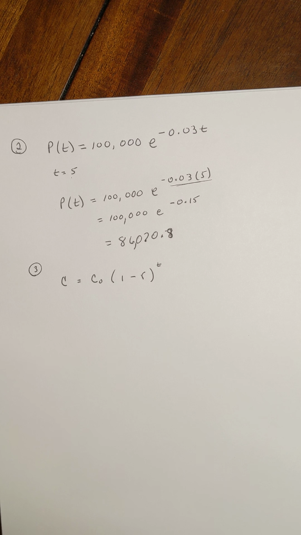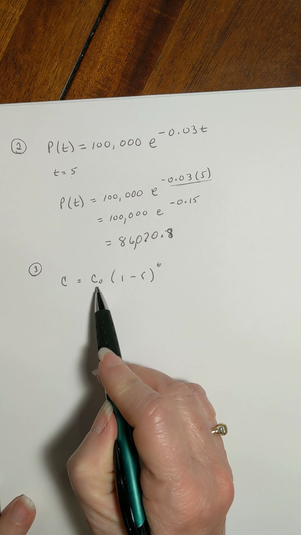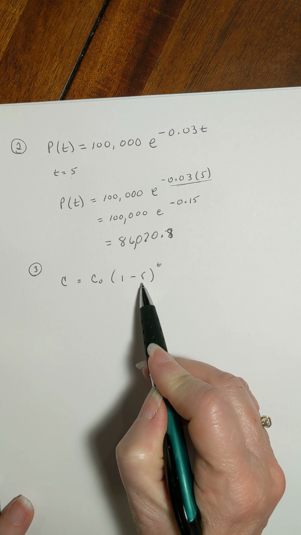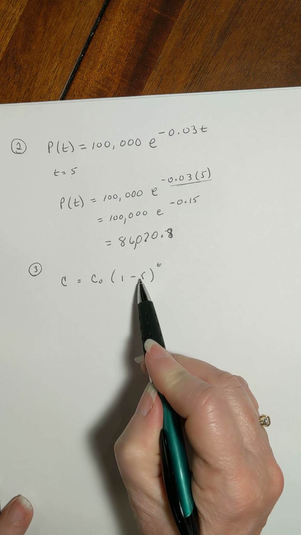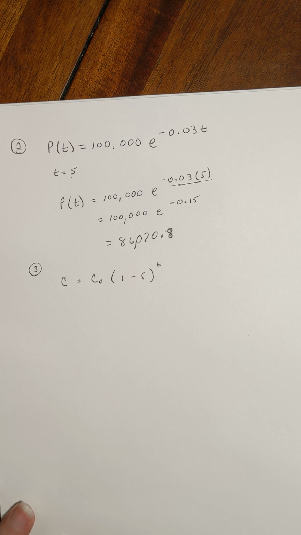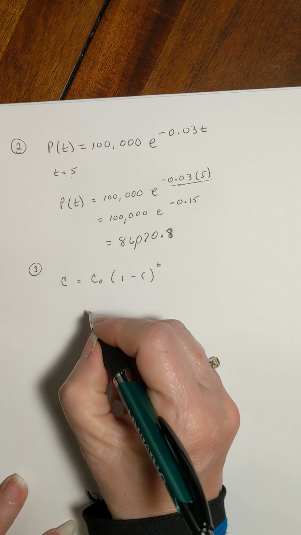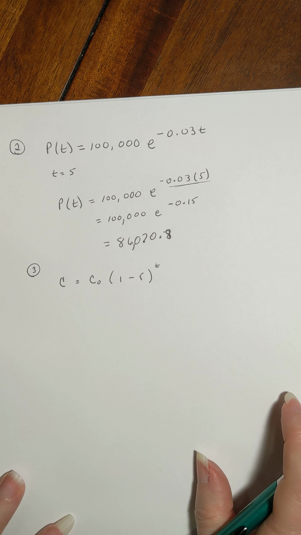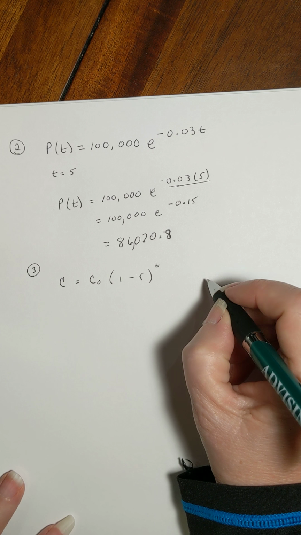And you get to see how much the boat is worth after so many years. And so the original cost of the boat is here. This is the rate of depreciation, and this is how many years, because all of this is usually written as an annual rate. Okay, so on this one, it says that the boat originally cost $10,000.